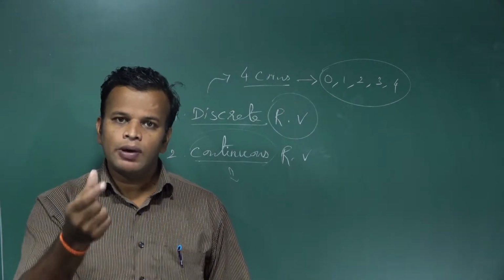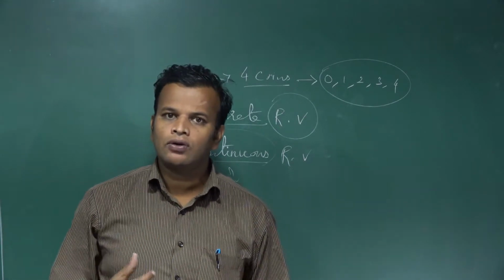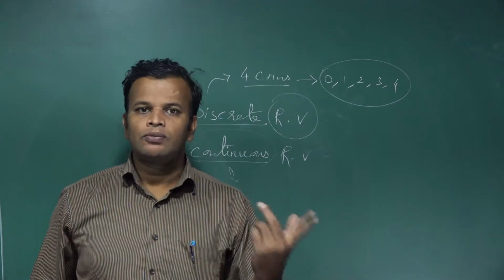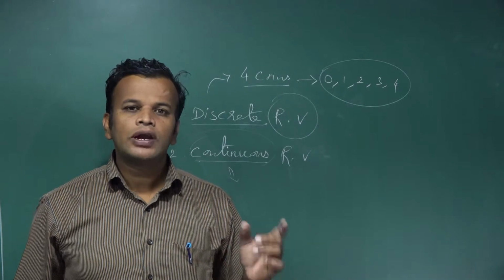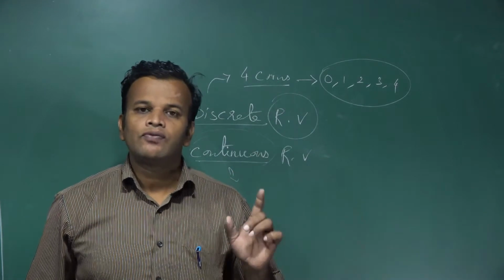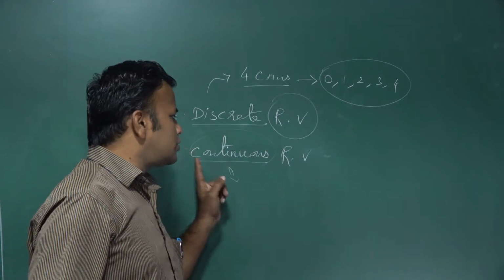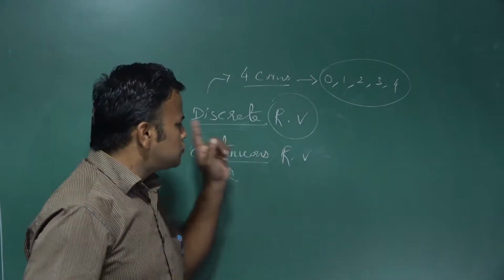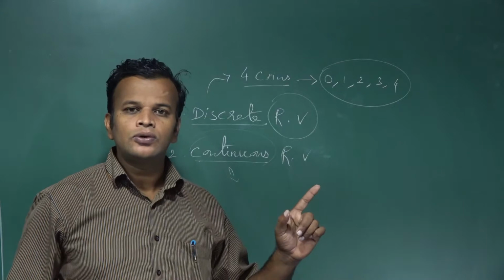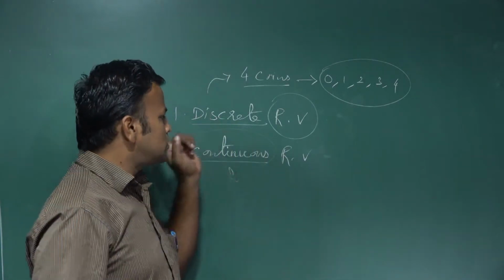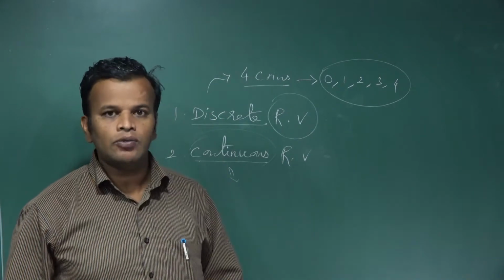For example, we buy a fan in our home. We put the switch on, then the fan will continue the process. Whenever we put the switch on, the fan function will be continuous. So this is called a continuous random variable. This function is possible up to the total lifetime of a fan. So this is the continuous and discrete random variable.